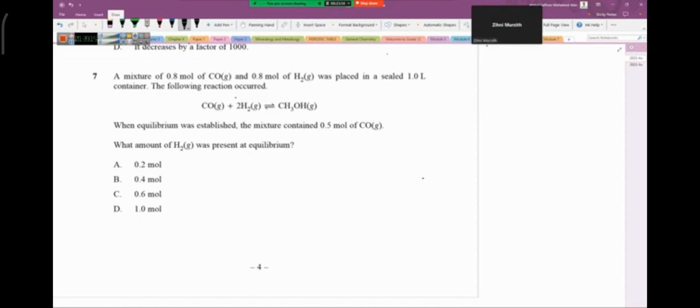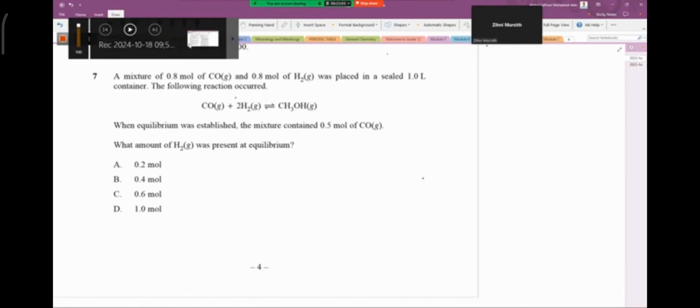Oh wait, so it just lost. So if it loses 0.3 moles... Are you doing the question, the A? Yeah, A. Okay. So how did you find the answer? So we can use the ICE concept.